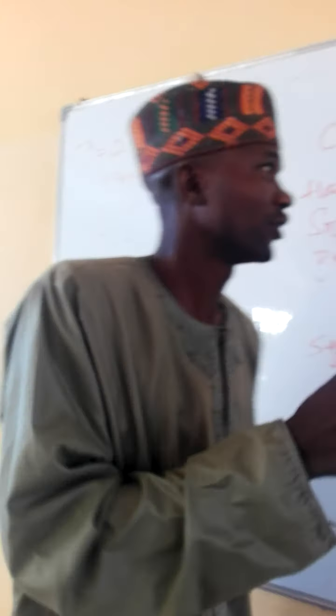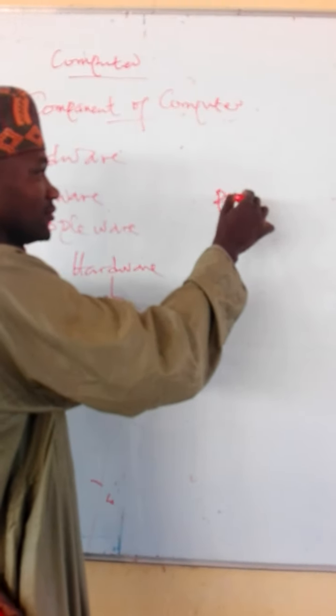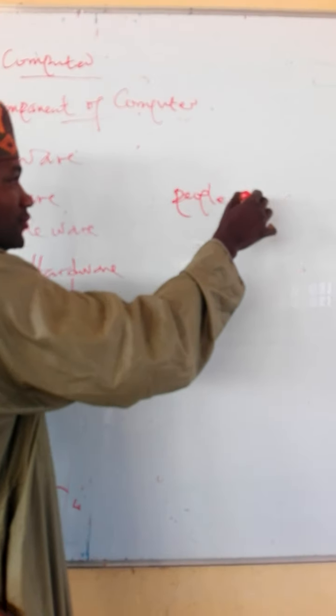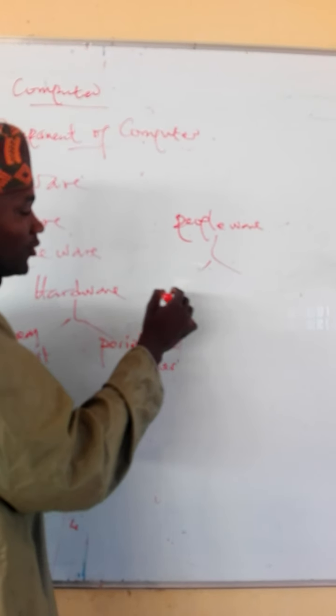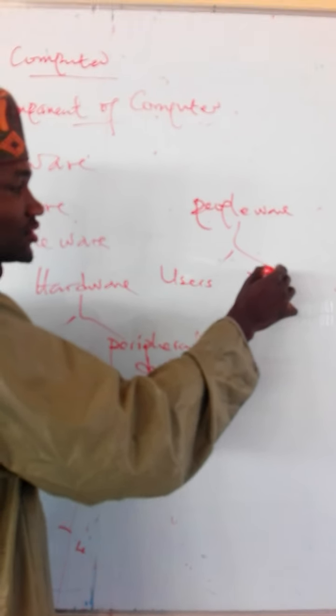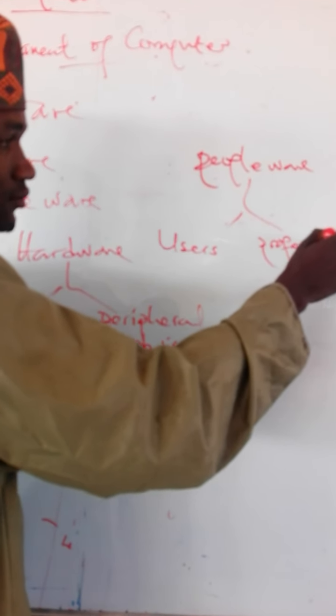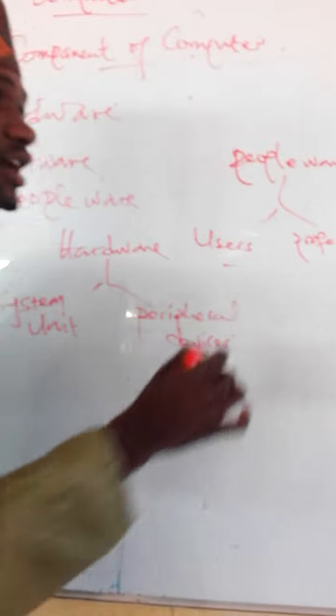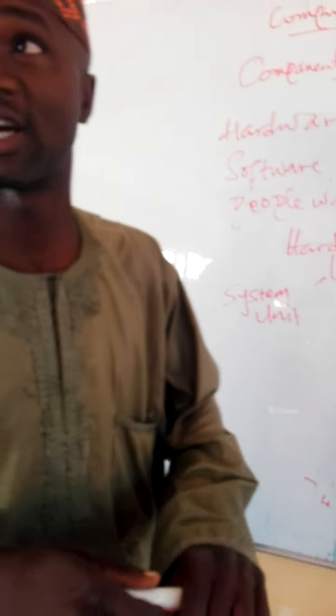And this peopleware is divided into two in computer. We have what we call the user and the professionals. Users are those people that just use computer system. They don't know anything about computer, they are just operating computer.